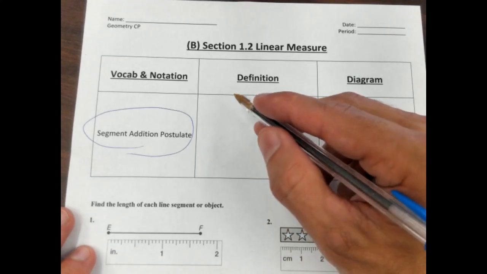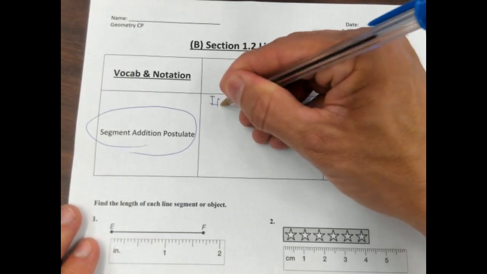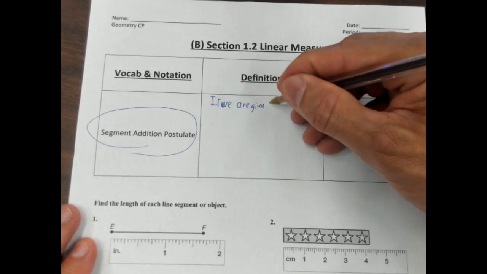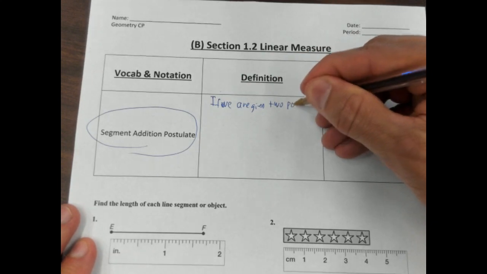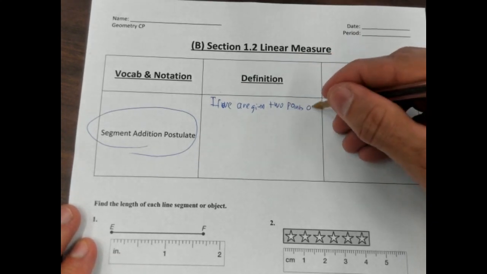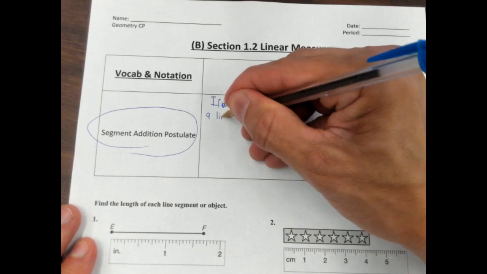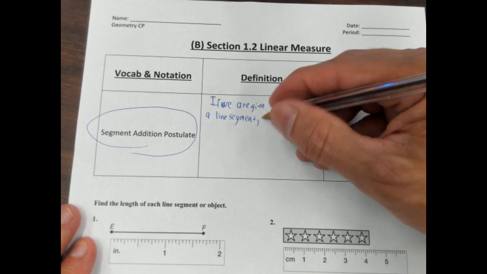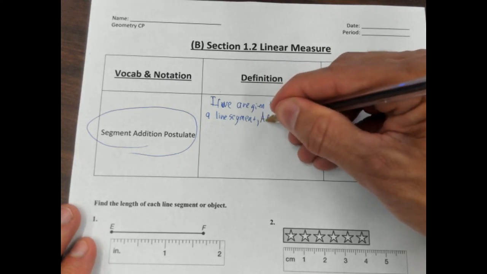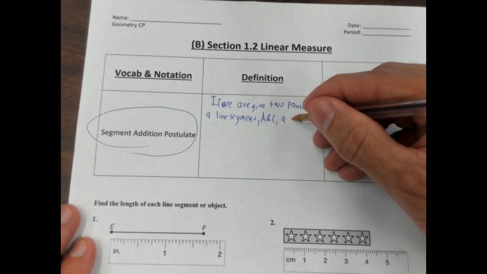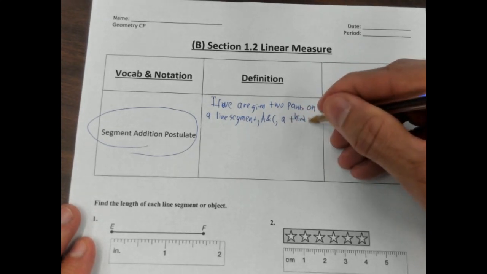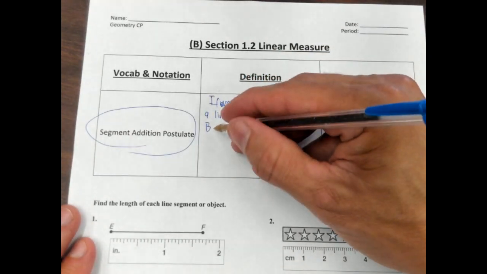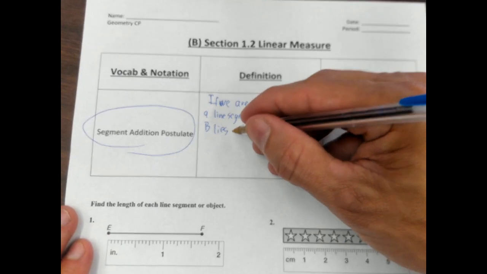So the definition itself is going to be, if we are given 2 points on a line segment, and we're going to call that line segment, let's say those 2 points are A and C. A third point, which we'll call B, lies on the same line segment.